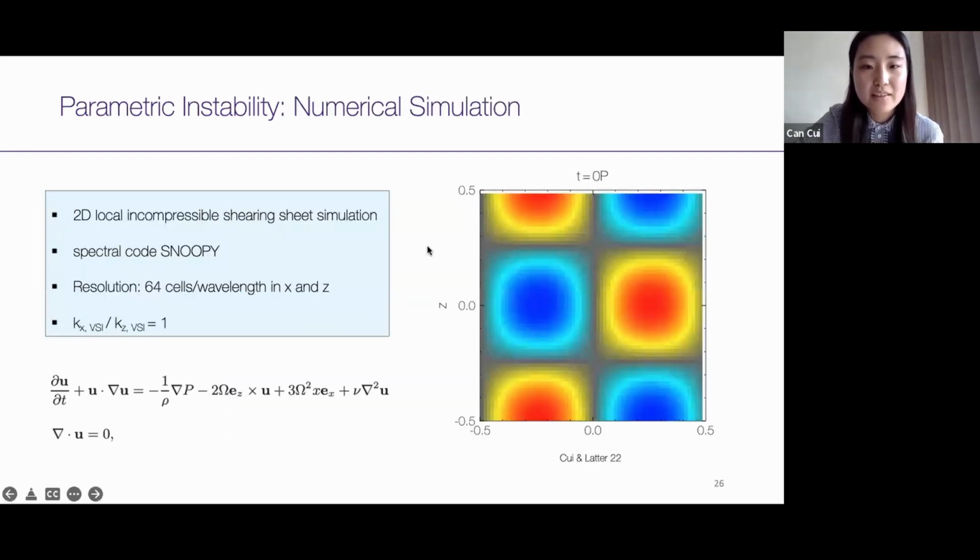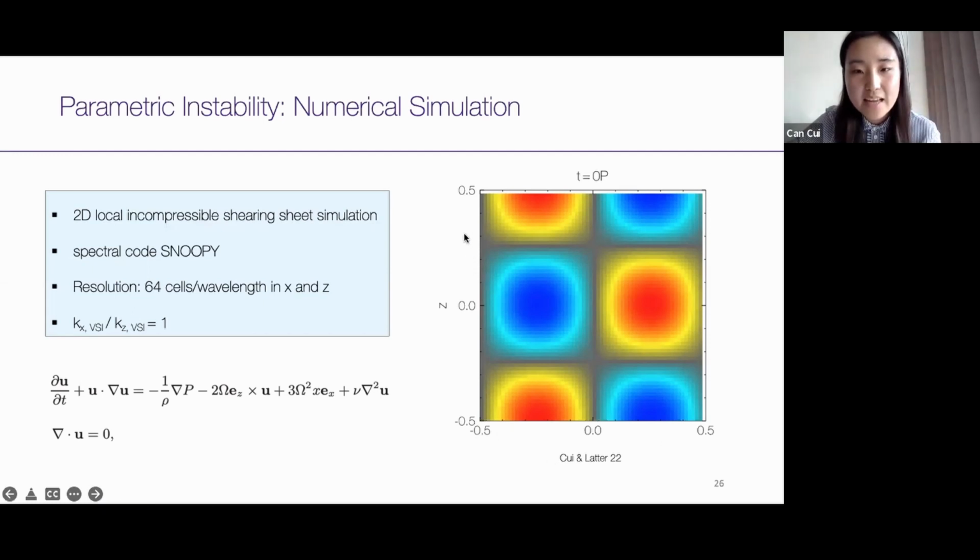Instead of showing the detailed math, I'm showing here a numerical simulation, which is a 2D, local, incompressible shearing sheet. The code we're using is Snoopy, which is a spectral code. The initial condition is purely a VSI wave.